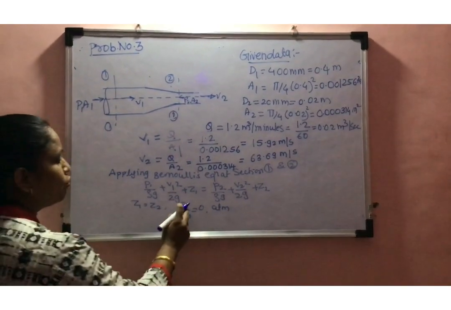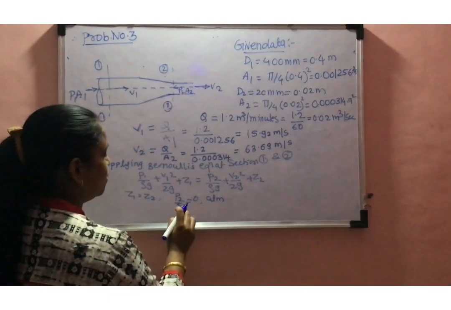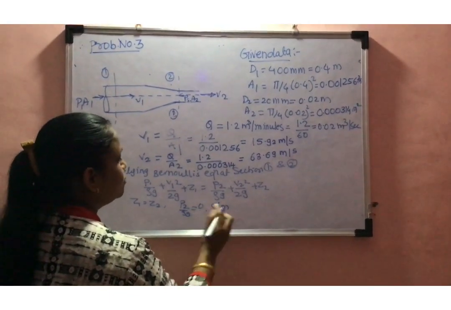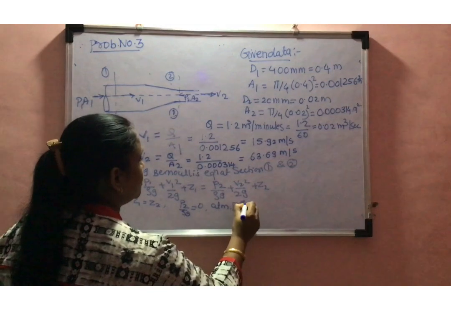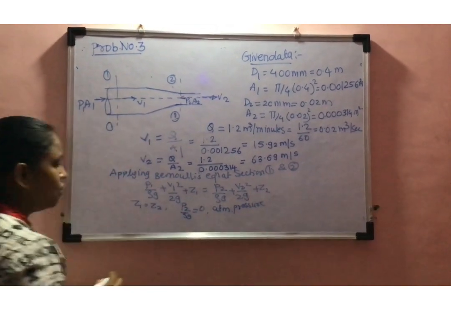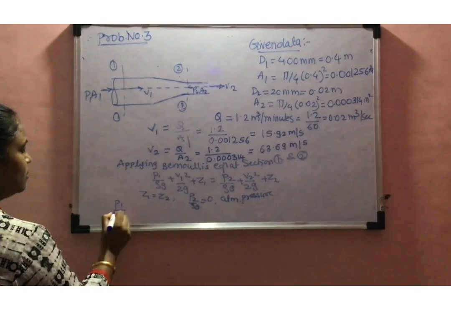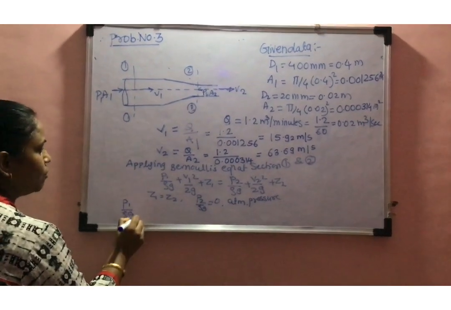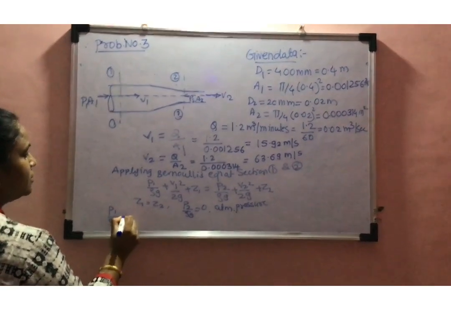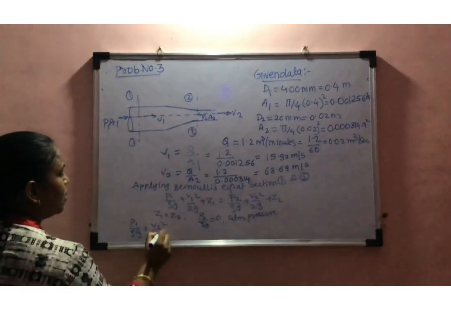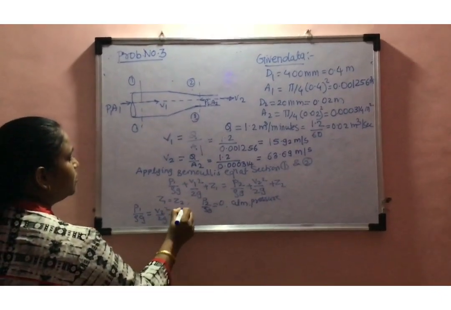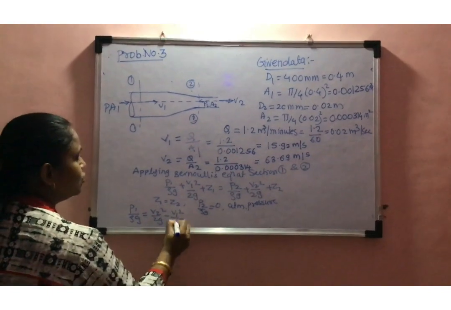So P2 upon rho g becomes 0. Now I am going to put the values for the remaining terms. P1 upon rho g is equal to V2 square upon 2g minus V1 square upon 2g.